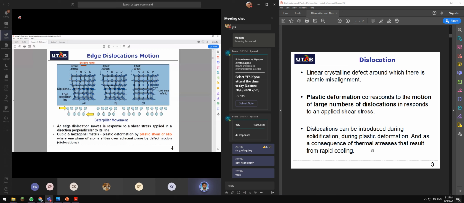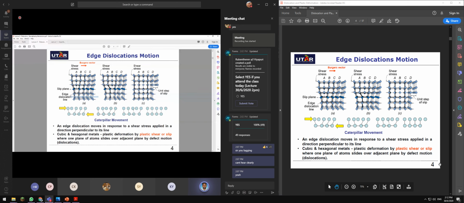The atoms on the top layer, second layer and third layer tend to move in this direction, and the atoms on the bottom three layers tend to move in this direction. You can imagine it as a caterpillar movement.